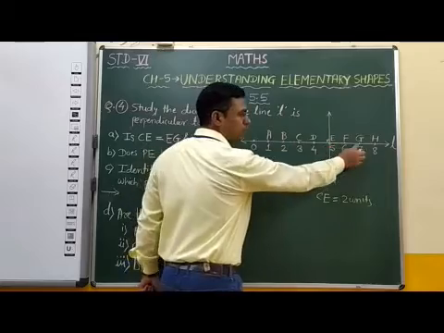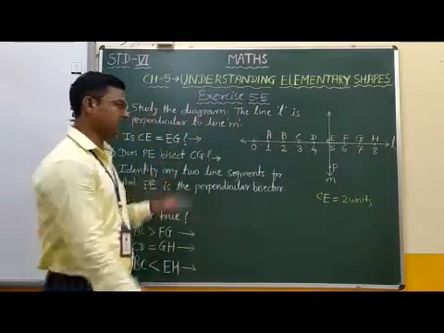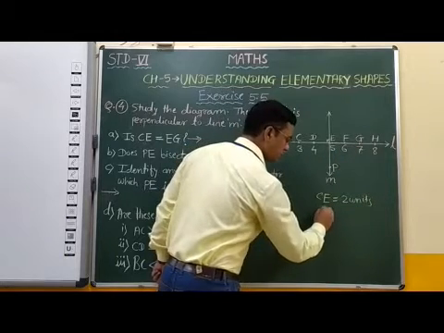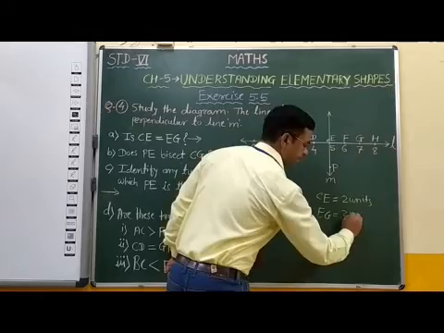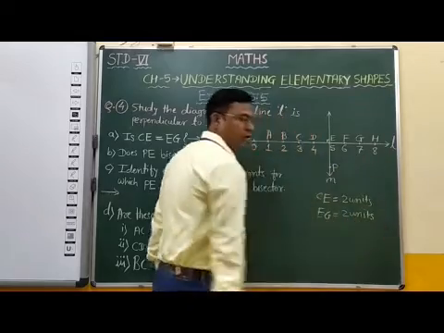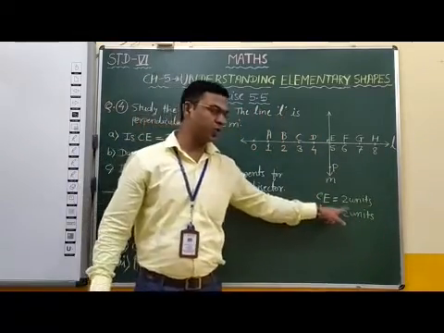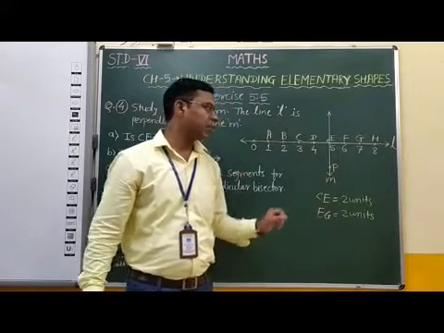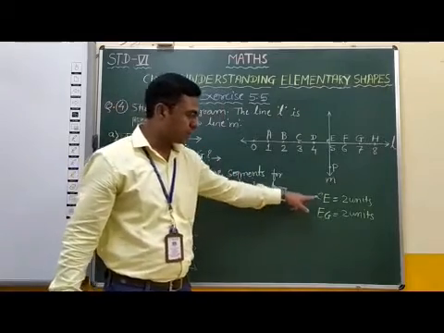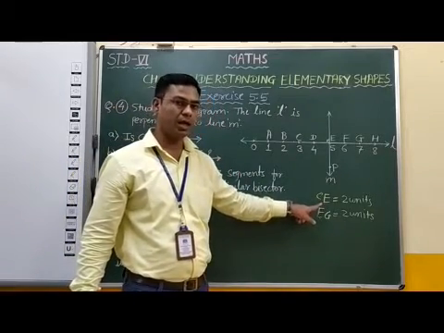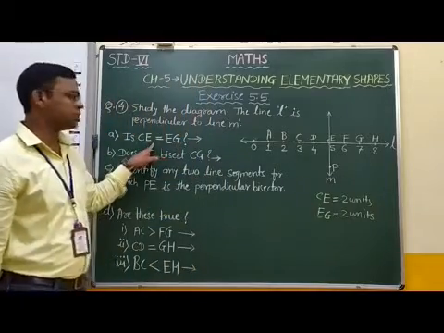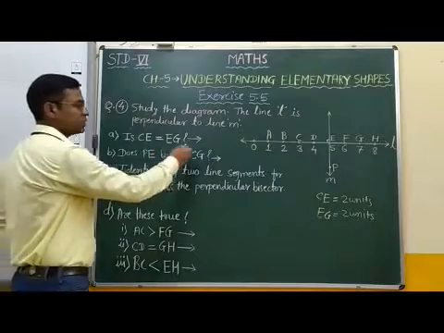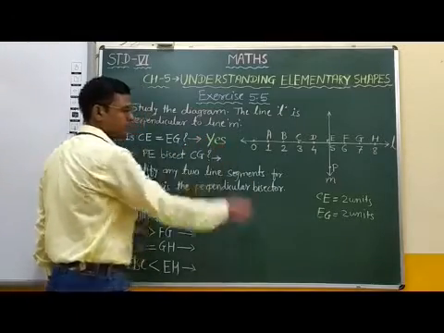The length of EG is also 1, 2 units. Therefore, CE is 2 units and EG is also 2 units, so CE and EG are equal. The same is given here, CE is equal to EG. Therefore, the answer to this question is yes.